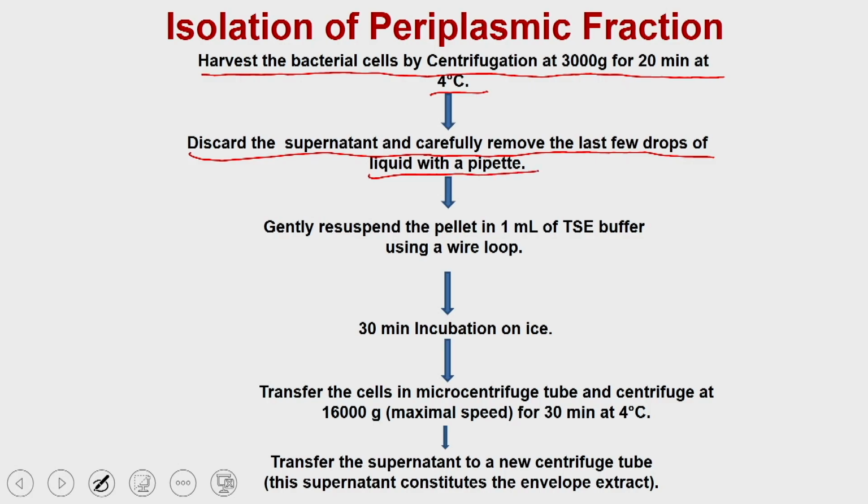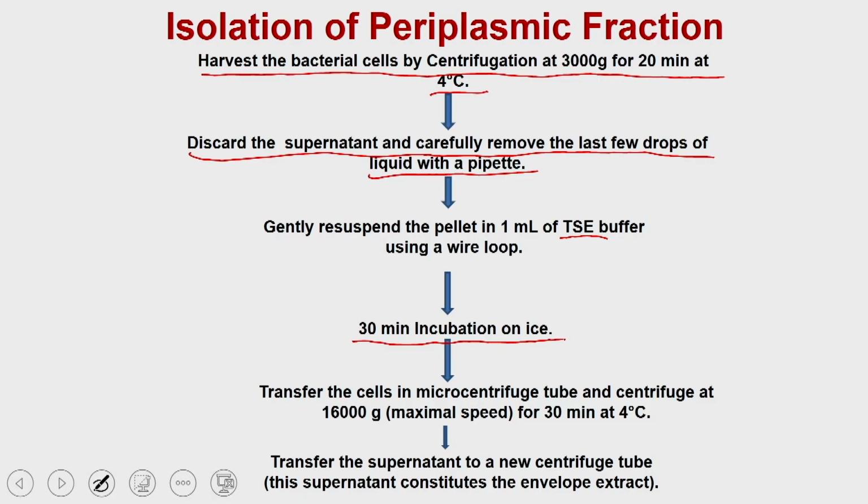Once you have removed the supernatant, you gently resuspend the pellet in 1 ml of Tris sucrose EDTA buffer, which is called the TSE buffer, using a loop or a pipette. Once the cells are suspended, you incubate them for 30 minutes on ice.